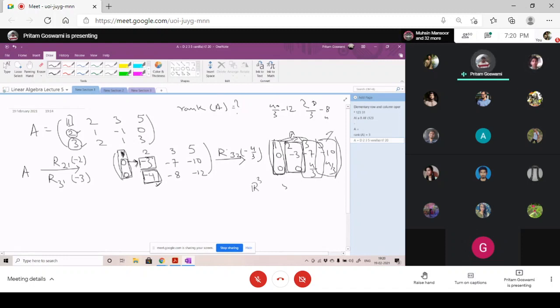Any other vector is a member of R3, so it will be dependent. So basically there are 3 independent vectors, so the rank is 3.